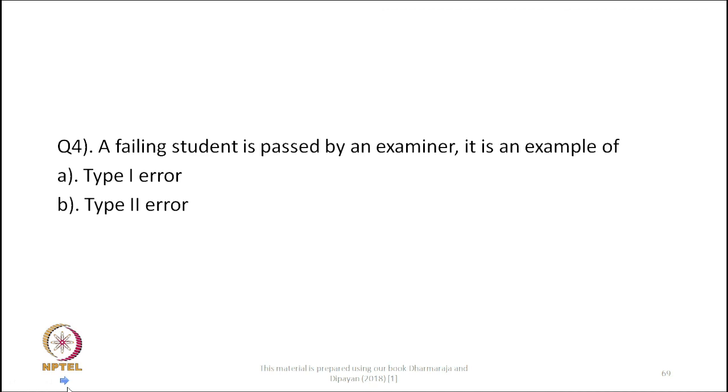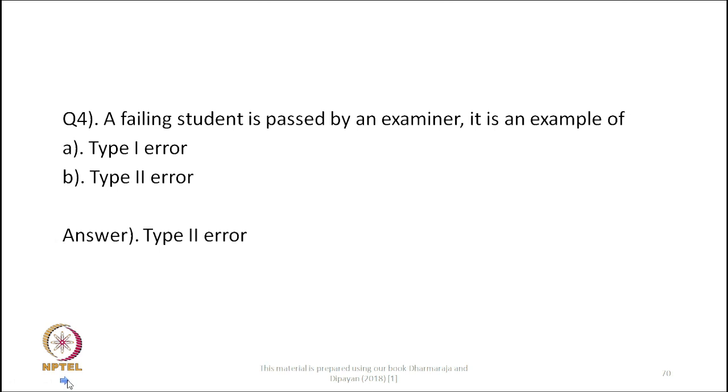The fourth question, a failing student is passed by an examiner. It is an example of which error? It is called a type 1 error or type 2 error. The correct answer is type 2 error.